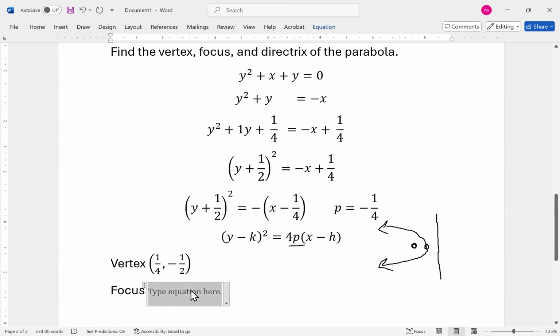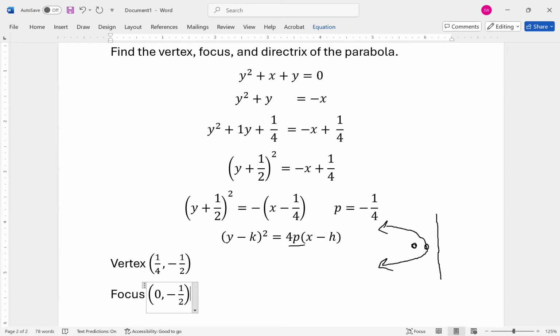So I'm going to move from the vertex left, or I'm going to take the vertex and subtract 1/4 in the x direction. If I subtract 1/4, I'll get 0, comma, -1/2. So that's where my focus is.